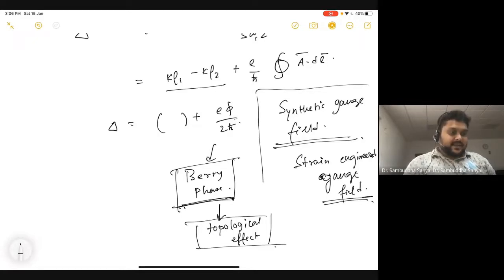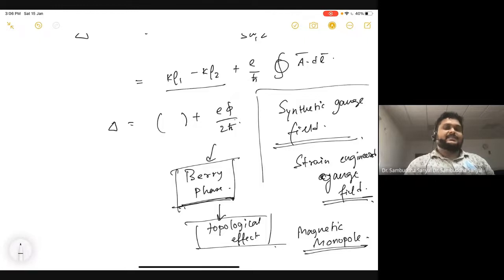Now, another interesting topic you can look up is the magnetic monopole. We know there is no magnetic monopole in nature, but you can formulate electrodynamics by assuming that there is some magnetic monopole just for the sake of symmetry.